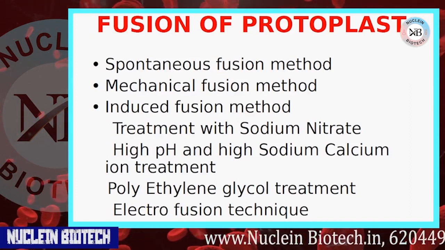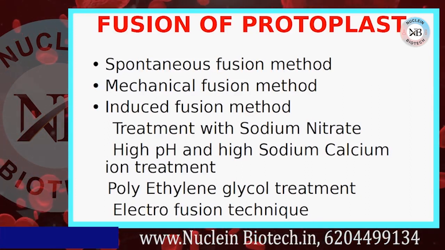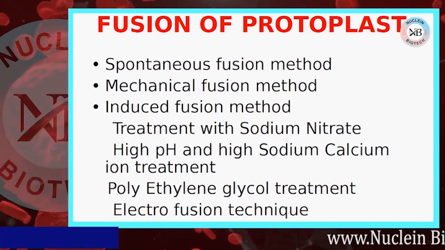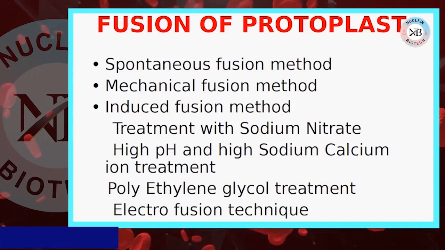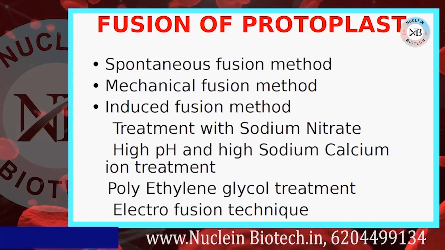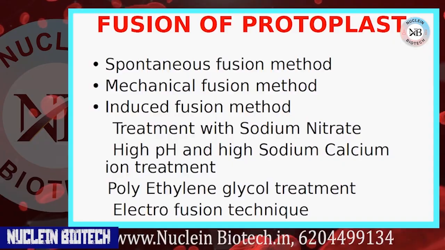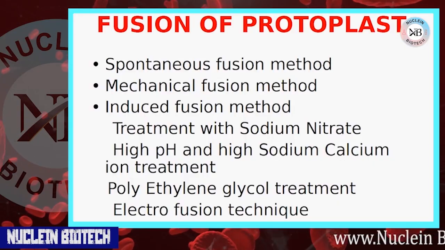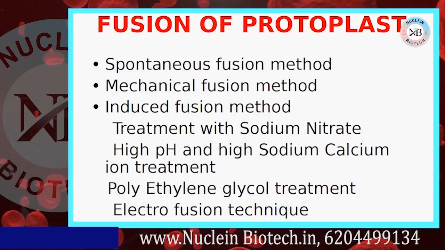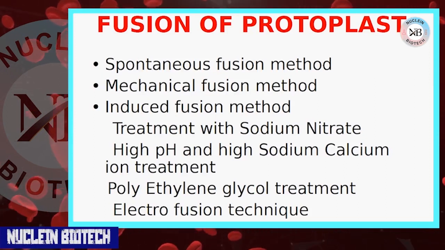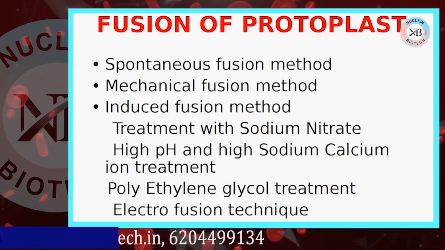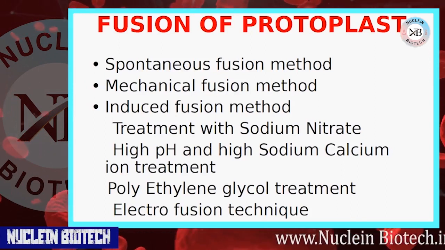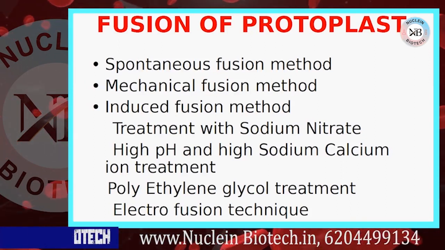After that, incubate for 5 minutes and then centrifuge again for 5 minutes at 2000 rpm. In the last step, these centrifuged protoplasts are kept in a water bath at 30 degrees Celsius for 30 minutes, during which fusion occurs. This treatment results in low frequency of heterokaryon formation.